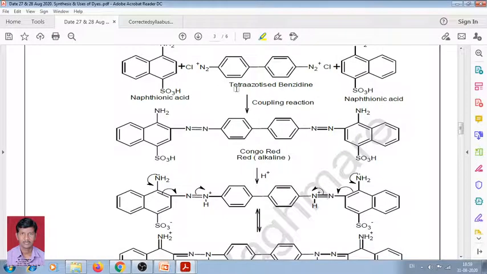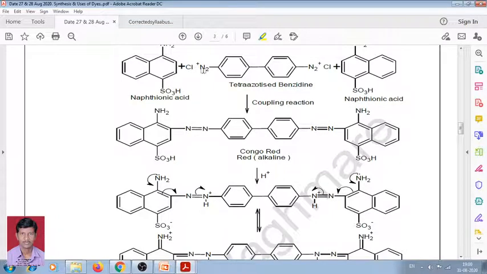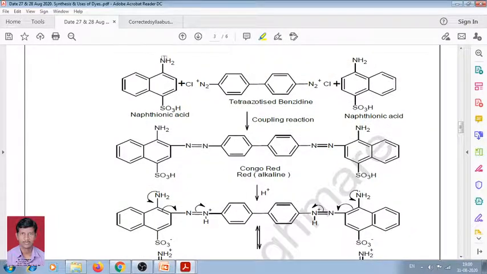A coupling reaction takes place between this nitrogen and the naphthalene ring, and we get the diazotized coupled product. Means whatever N2 plus is there, the plus sign is removed after the coupling reaction. How? The nitrogen atom has a lone pair of electrons, this lone pair of electrons is shared.